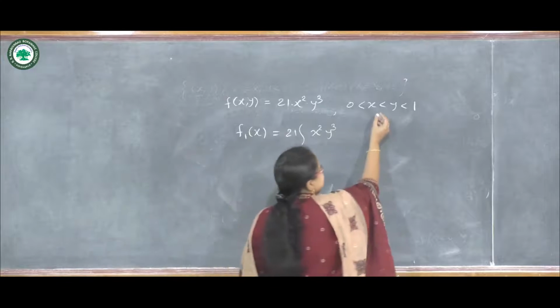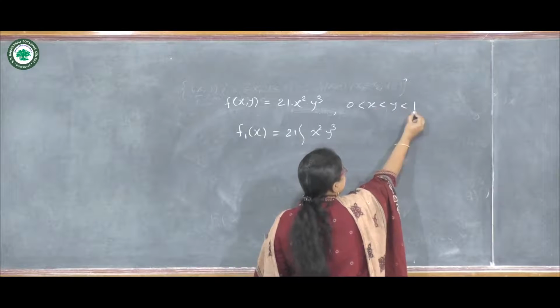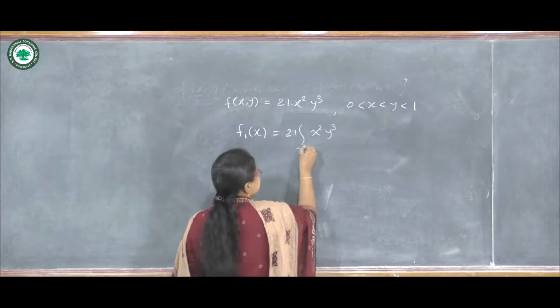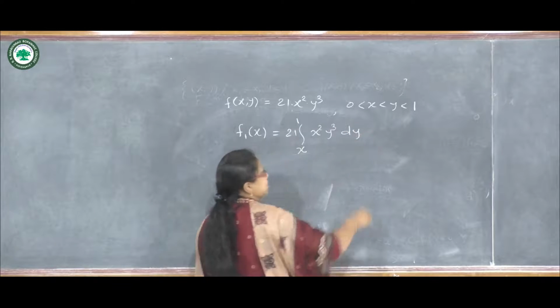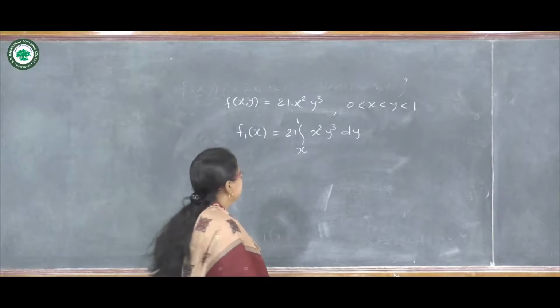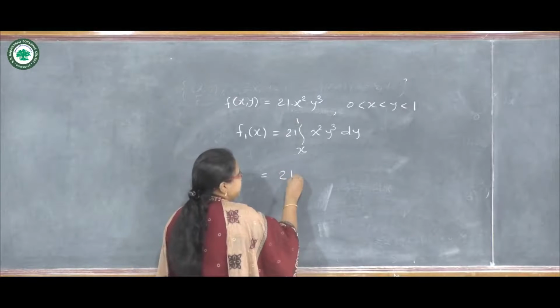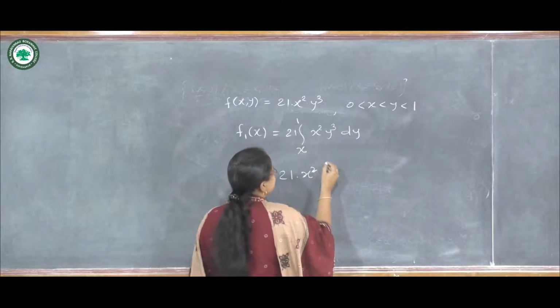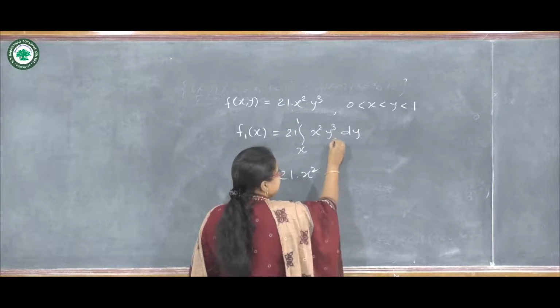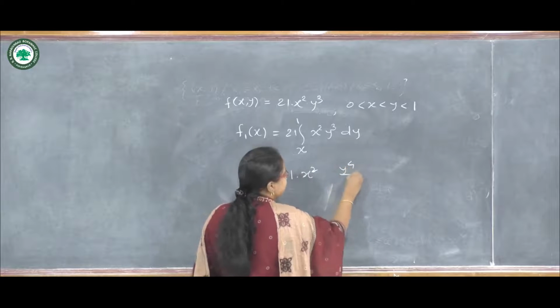with respect to the range of y. Here note that the range of y is between x to 1. So we will write here x to 1 and with respect to y, so dy. So just calculate it. 21 into x square. This x square is a constant for this integration, and integration of y cube is y raised to 4 upon 4.